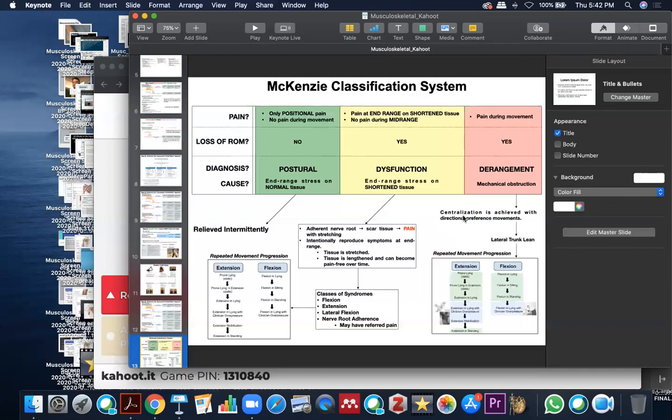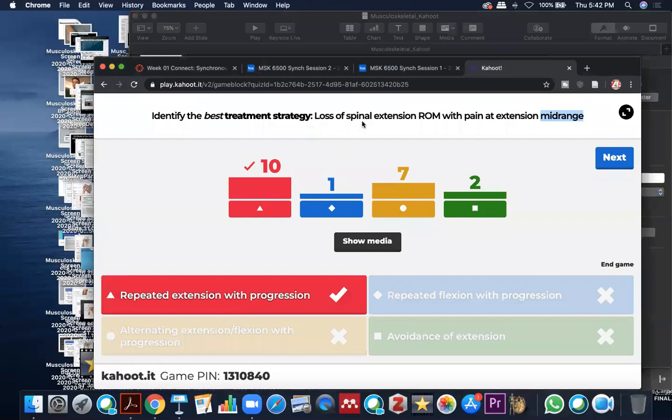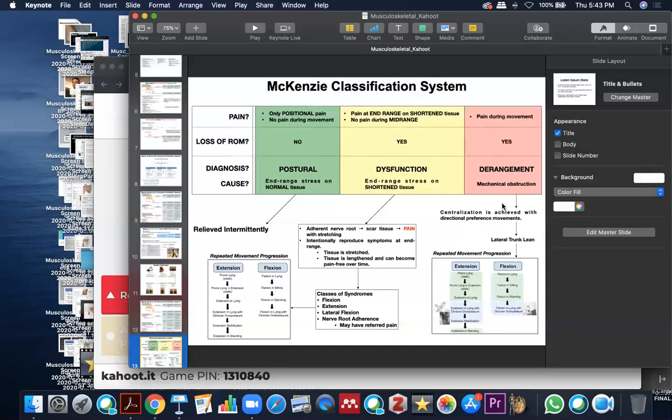You want to move the pain out of the leg and get it back up into the low back region, and you do that with a movement that is their directional preference. So in this question, if extension gave him centralization, then that would be his directional preference, and that's what you would do when you're doing the repeated movement progression.